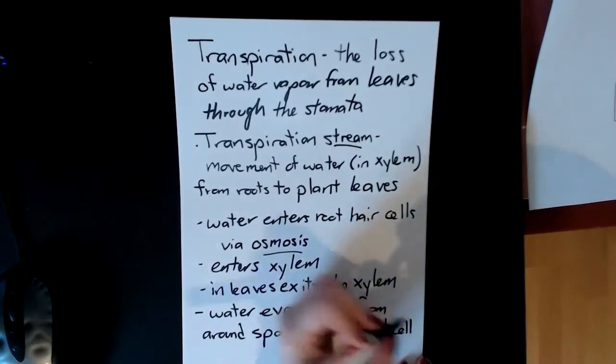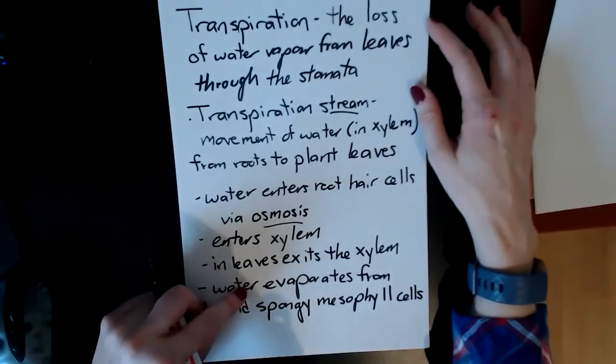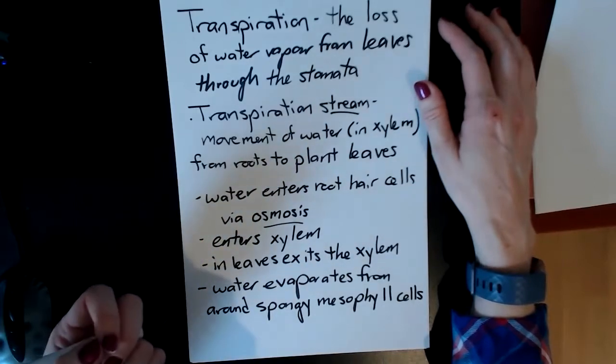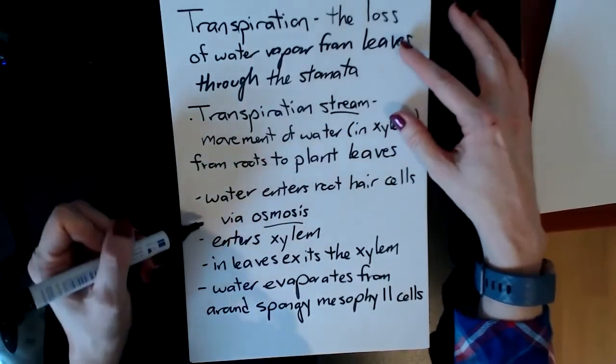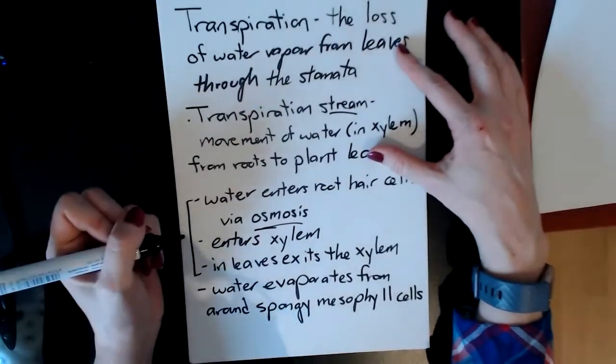And now, that becomes water vapor, and then the water vapor diffuses out of the stomata. So it's a diffusion at that point, right? All of this until the evaporation, these are all osmosis, okay?